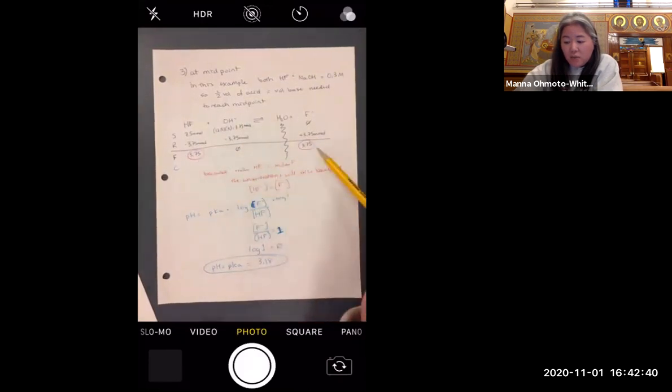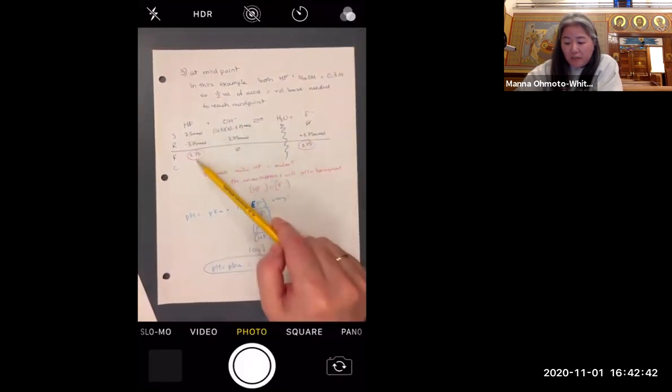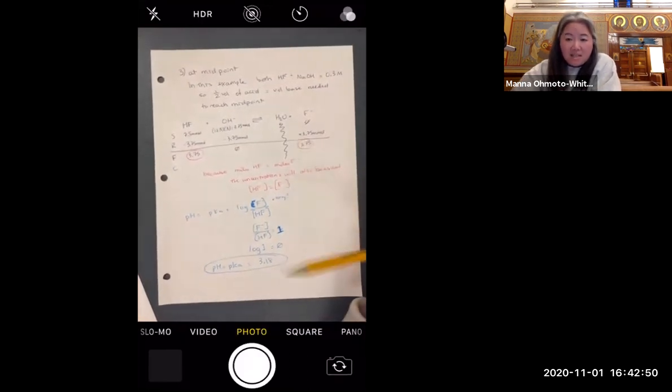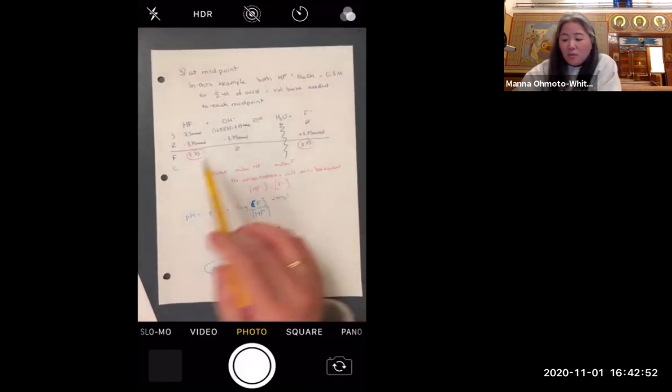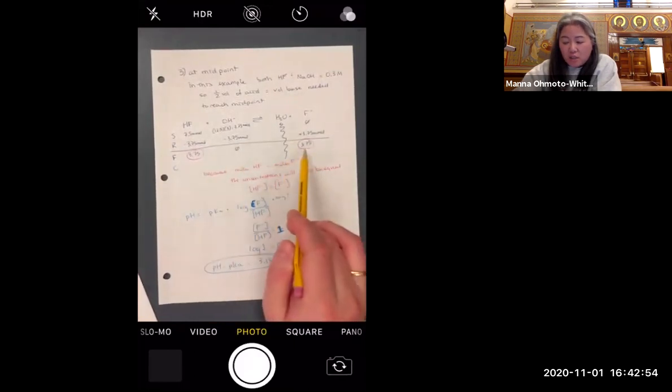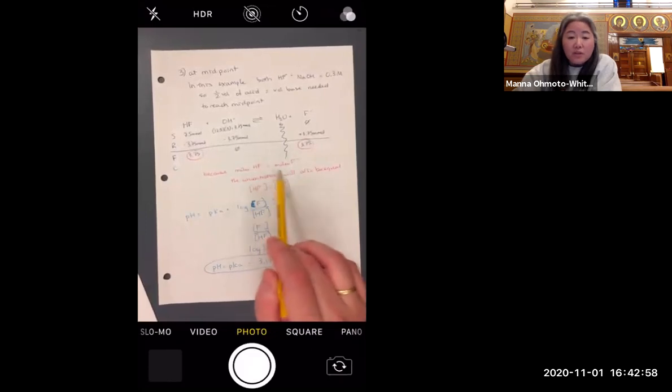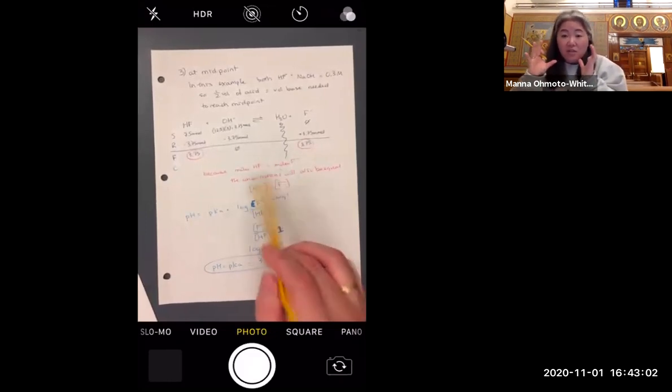Now at this point, after they've reacted, I'm going to end up with 3.75 millimoles of HF, 3.75 millimoles of fluoride ions. So at the midpoint, by definition, the moles of conjugate base will equal the moles of my weak acid. Because the moles are equal, it doesn't matter how much I have, they're all in the same vessel, so my concentrations will all be equal.